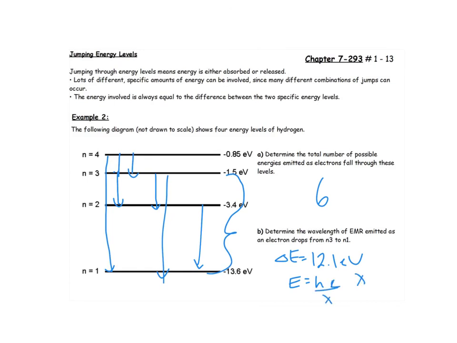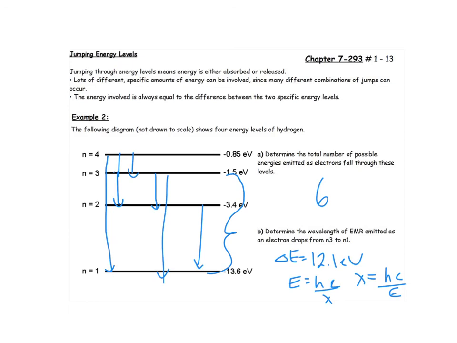So we could find the wavelength of light that's emitted, hc over E. Because it's electron volts, we'll use the 4.14. So 4.14 times 10 to the negative 15 times 3 times 10 to the 8 divided by 12.1 electron volts.